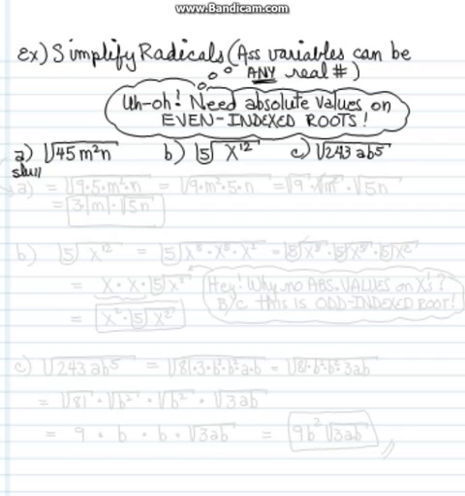Okay, part A, we have the square root of 45 m squared n. Well, we can factor the perfect squares 9 and m squared out of that. And now we're going to move the perfect square portions of the factorization to the front under the radical sign. So that's 9 times m squared, and then the rest of the stuff, 5 times n, stays in the back because that's not a perfect square.